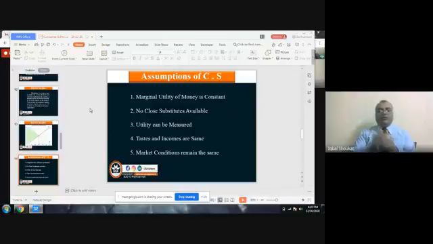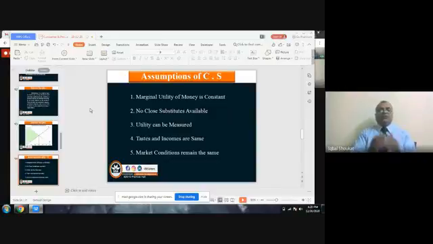It means they were willing to pay rupee 50,000, but the market price is rupee 20,000. So they are saving 30,000 in the form of consumer surplus. The difference between what they were willing to pay and what they actually pay is known as the consumer surplus.